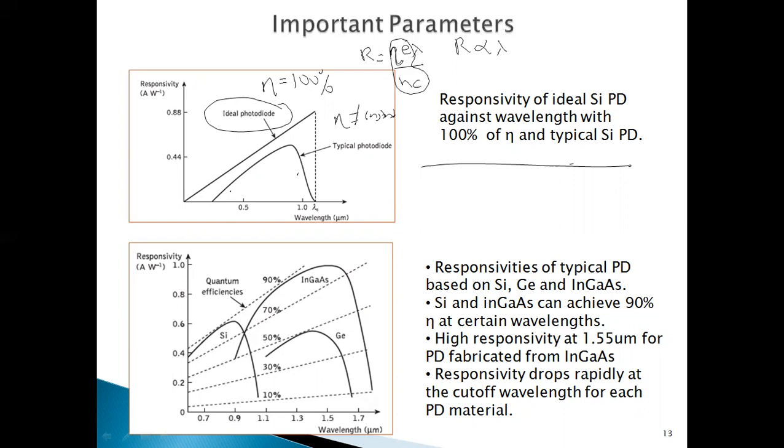So for every lambda value here, eta, the quantum efficiency, will depend on it. Note that the responsivity will increase according to the wavelength as given by the equation, but up to a certain point, the responsivity will drop rapidly.